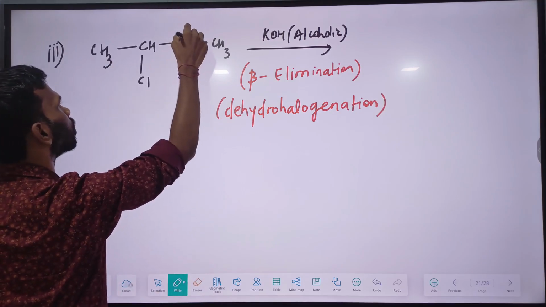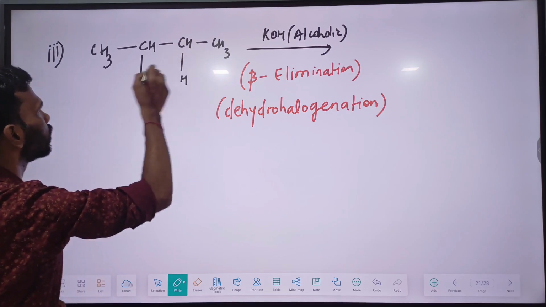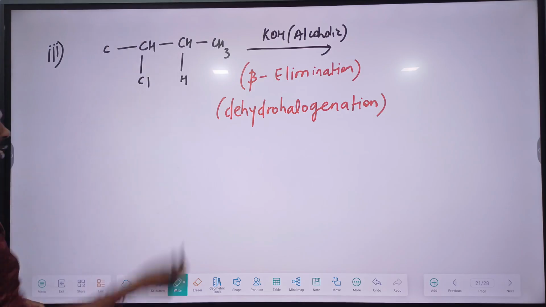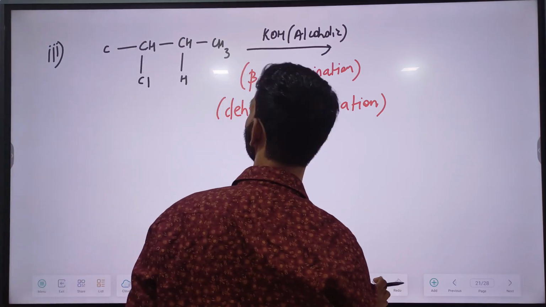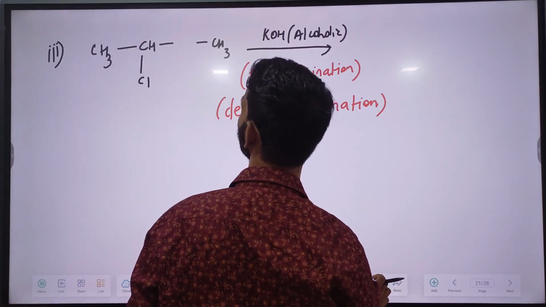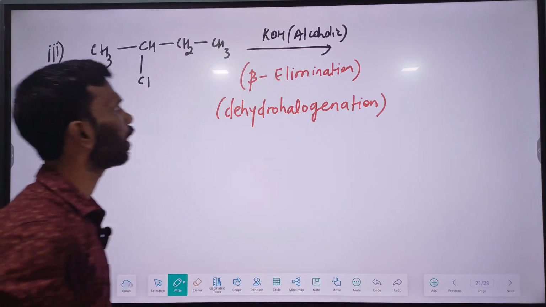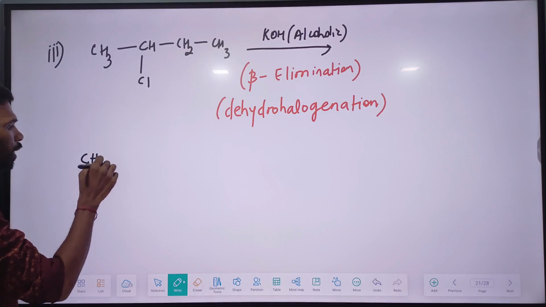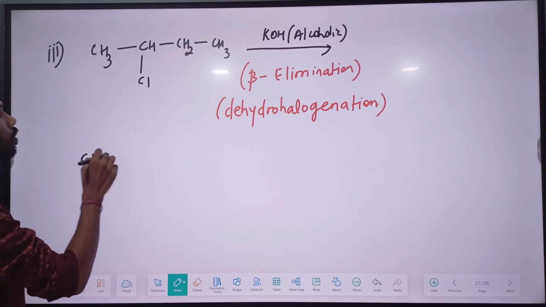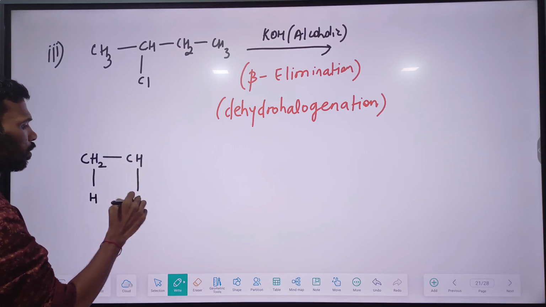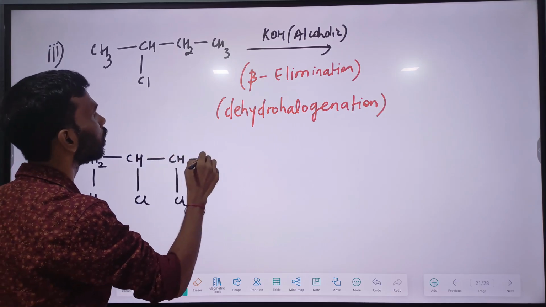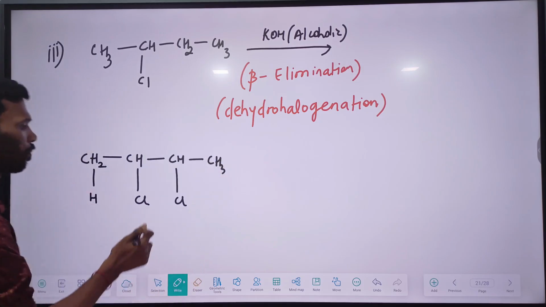I'll write this CH2 this way and this CH3 this way. I'll show it separately. Dehydrohalogenation means your compound is this way: CH3, hydrogen, Cl, and the CH3.